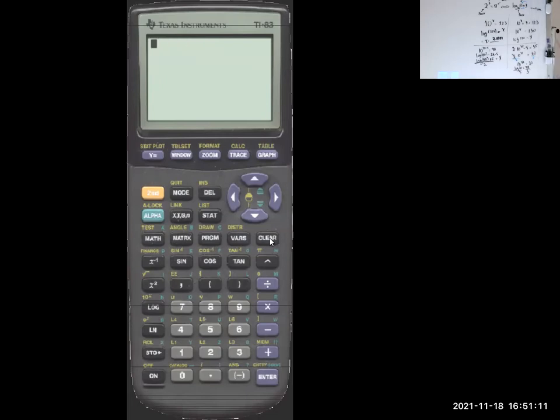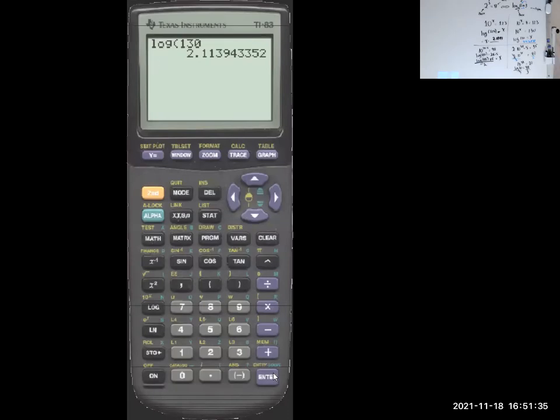Second number that we had was same thing, log of 130. So log of 130 equals 2.1139, just approximately. So x is approximately 2.1139. Okay, so what do I have with that number?